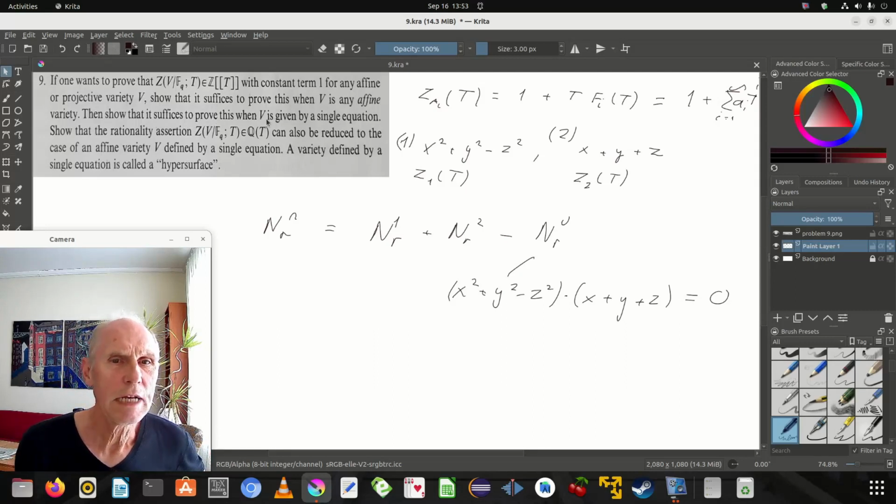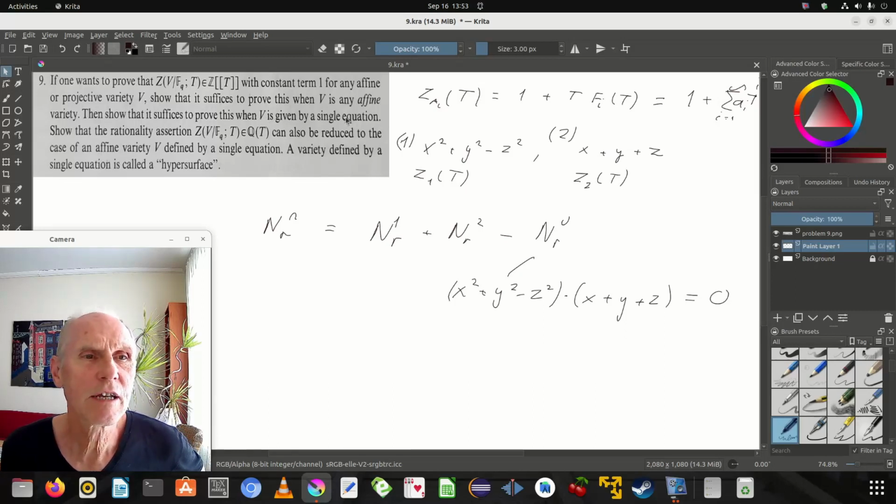Next, we may assume that we have shown that if the variety is given by a single equation, then it should hold for any equation. And here we have a variety given by two equations. This one having the z function z1 and this one z2. We need to find an expression for the z function of the intersection of the two.